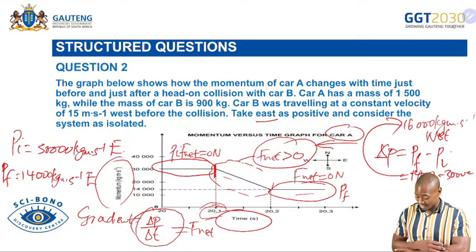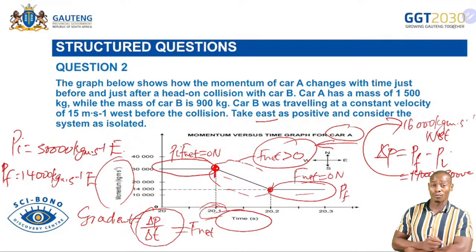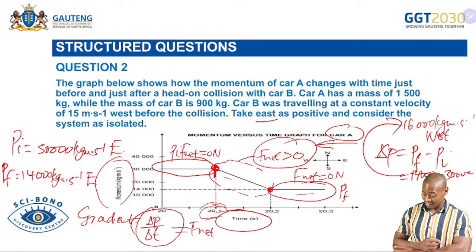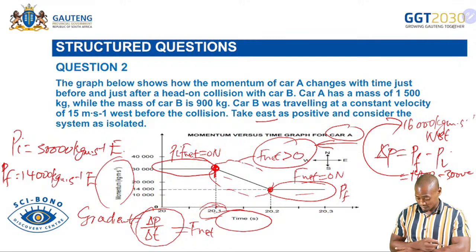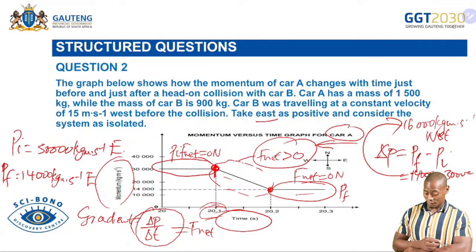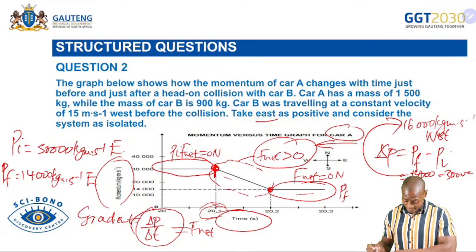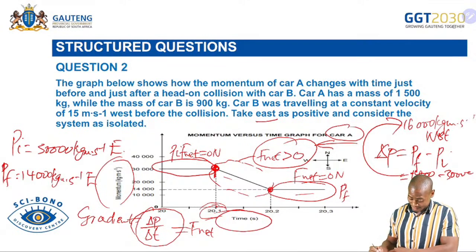When you calculate a gradient, you need 2 points, the point at t 20.1 and the point at t 20.2. That is our graph of momentum versus time. You should know that the physical quantity represented by the gradient of this graph is net force. That is very, very important. That is the graph of momentum versus time.